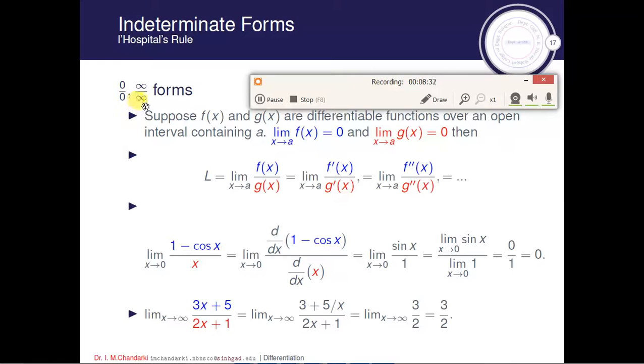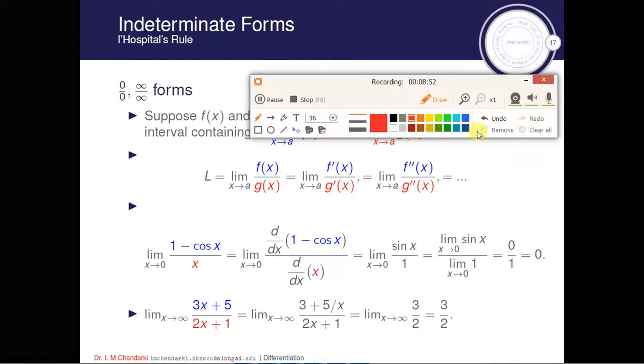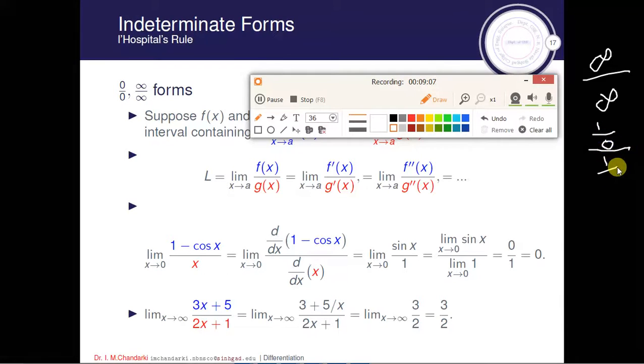Whenever we have an infinity by infinity form or a 0 by 0 form, in both cases you can apply LHR. L'Hospital rule is applicable for 0 by 0, and in a similar way it is also applicable directly for infinity by infinity form, because infinity divided by infinity can be written as 1 upon 0 divided by 1 upon 0.